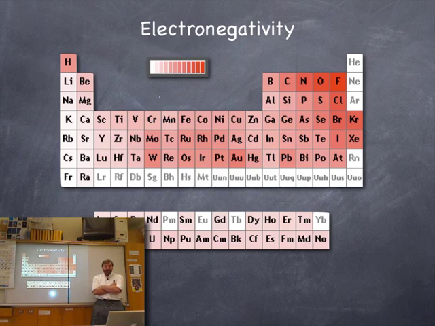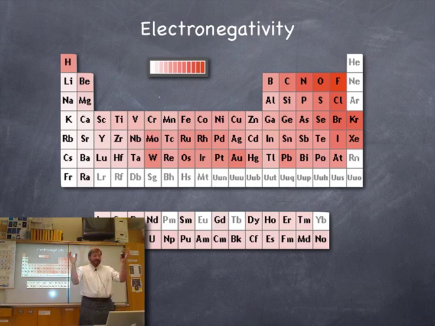This is a graphic representation of the strength of the electronegativity. And electronegativity is a measure of the attractive force that an atom has for shared electrons.